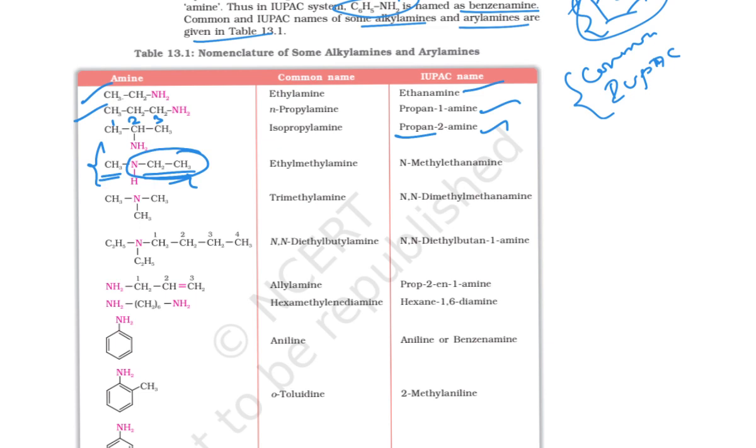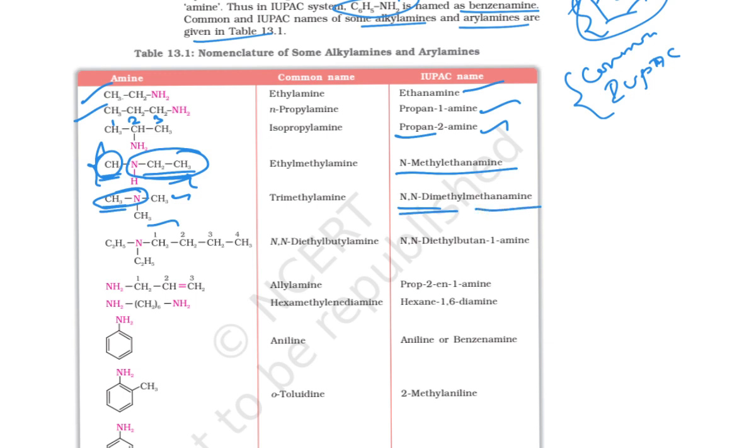In this ethanamine, on the N, what is there? CH3 is there. So N-methylethanamine. But in case all three alkyl groups are the same, one we consider as the parent and the rest of the two we consider as substituents. So N-methyl, we can write as N,N-dimethyl. So methanamine is the parent.